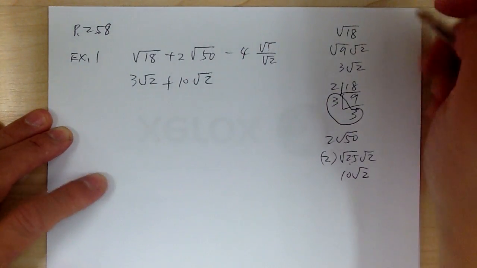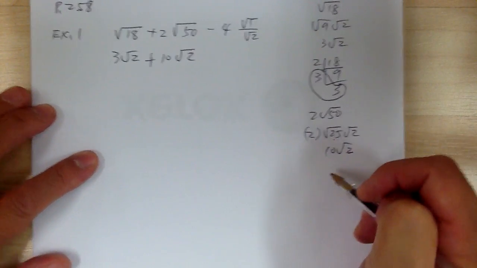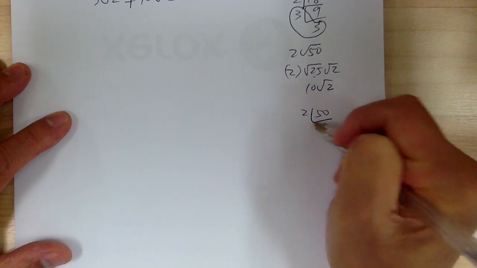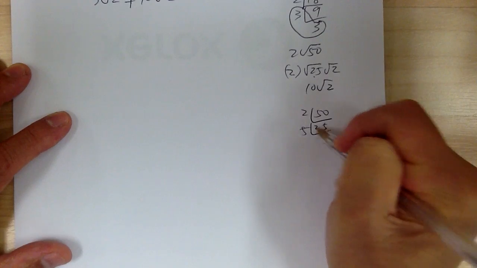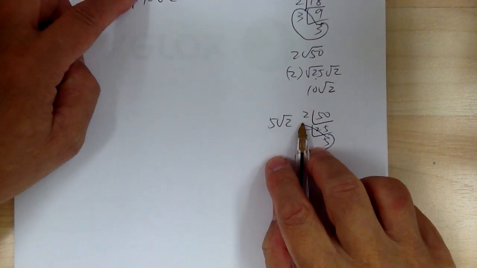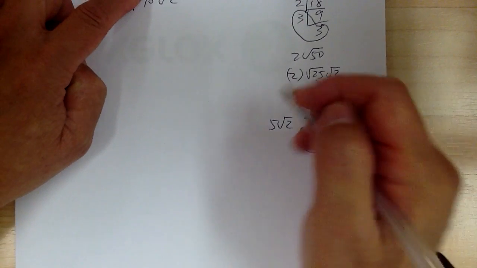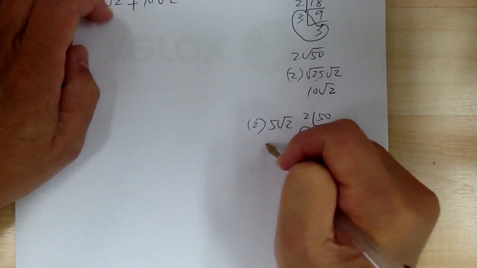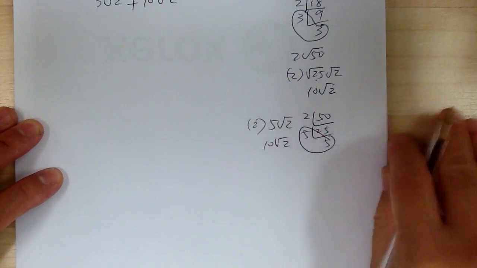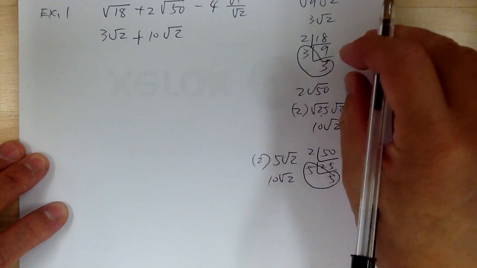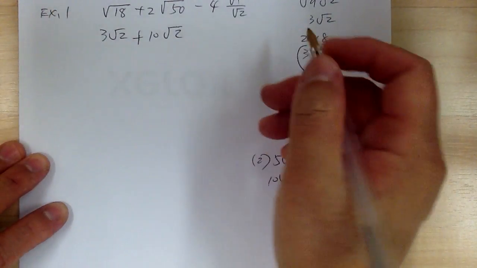Another method is the ladder with 50: 2, 25, 5, 5. This gives you a 5, so you get 5 square root of 2. But remember that there is a 2 in front, so you have to multiply by 2, and you get 10 square root of 2. Either way, go off to the side, but don't use a separate sheet of paper. Just do it in the margin.